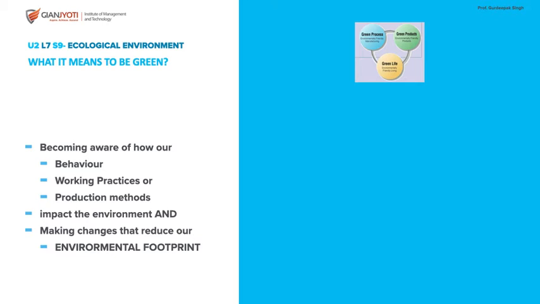So today we talk about the green process, which is environment-friendly manufacturing, green products, the products that we use, and green life, the life that we live, which should be environment-friendly.